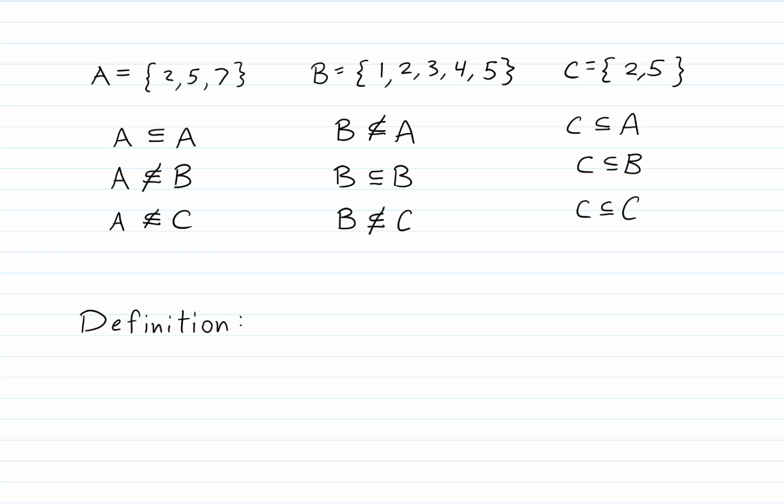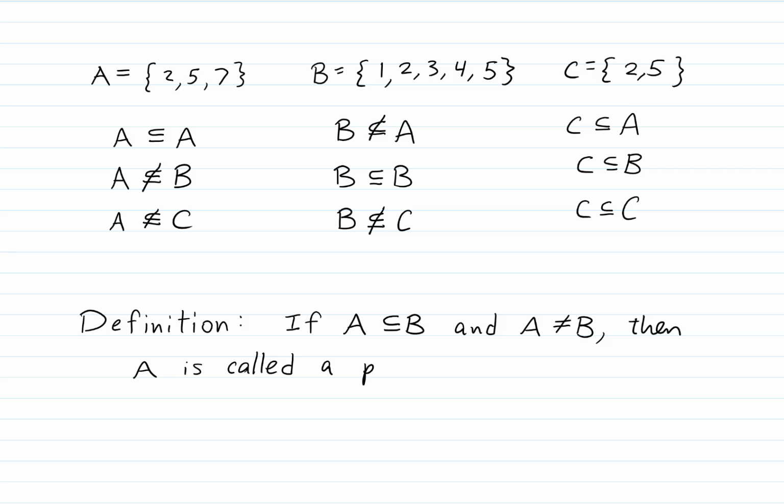Okay, so if A is a subset of B and A does not equal B, then A is called a proper subset of B. Like that. Okay? We're going to use that for proper subset.